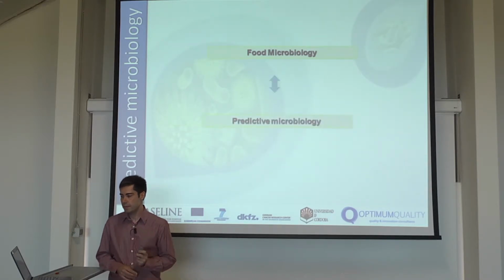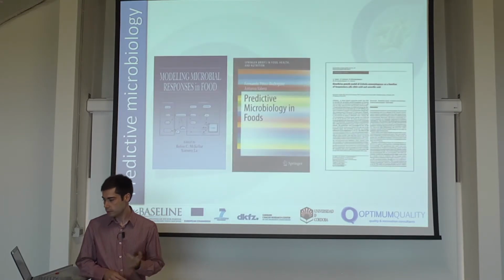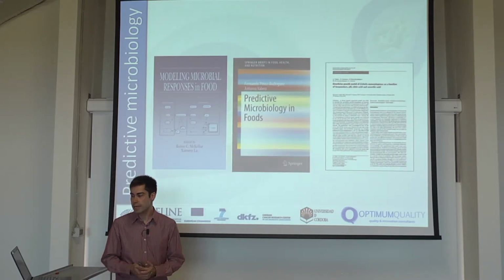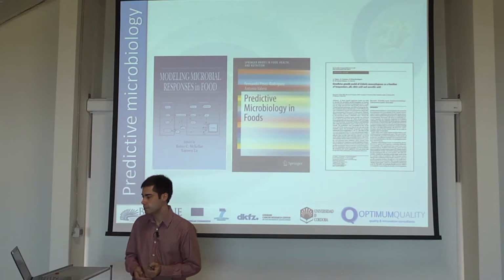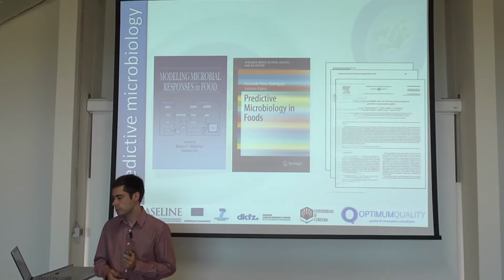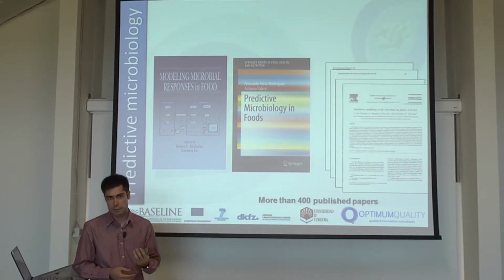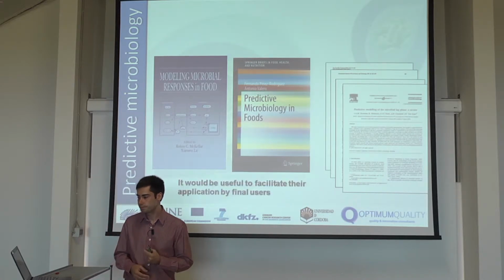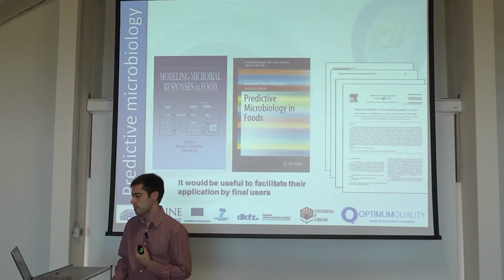This is predictive microbiology, and of course, since the 90s, there have been many publications. More than 400 papers in international journals were published about predictive microbiology, but of course, it would still be very useful to facilitate their application by final users.